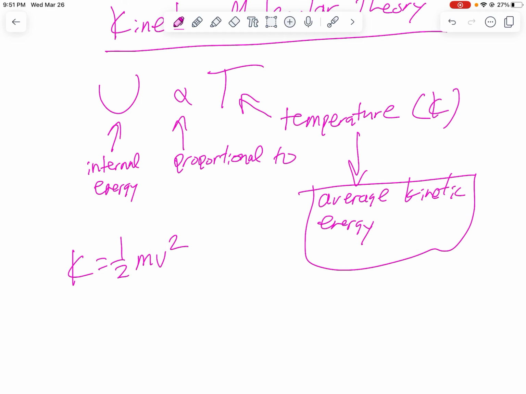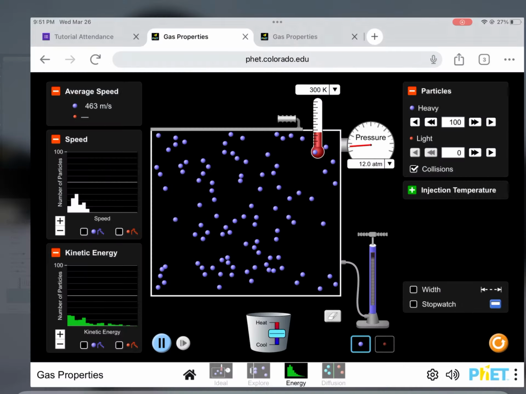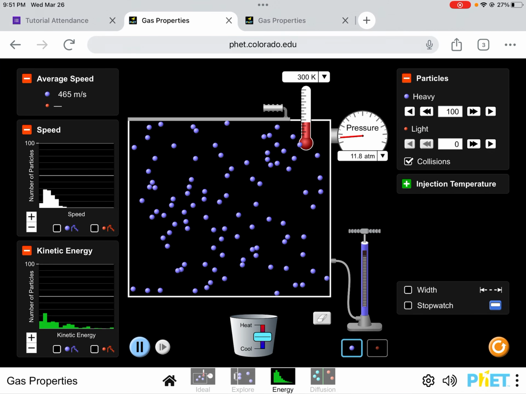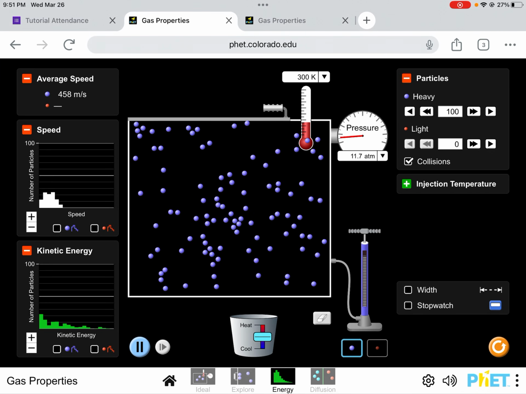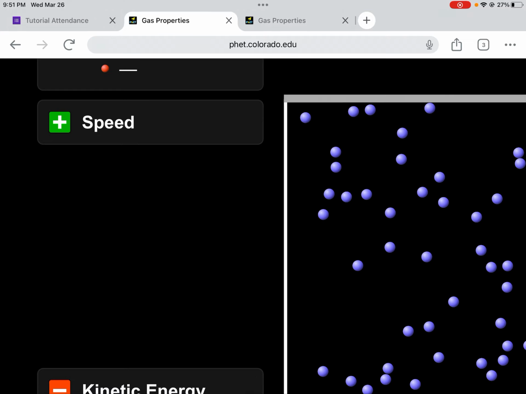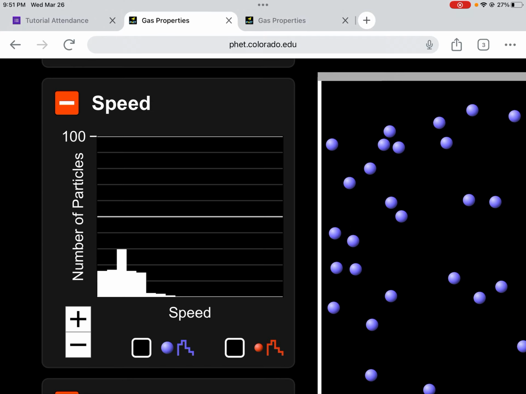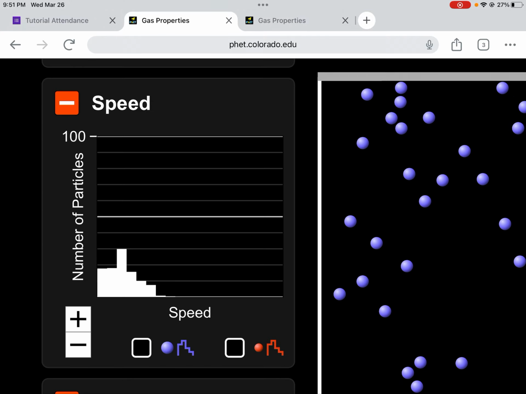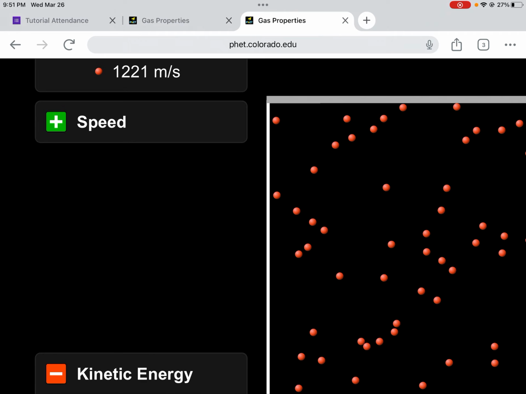So if we compare the speed graph for the light particle and the heavy particle, that's the white graph on the left-hand side. The heavy particle, the speed graph looks like this. For the light particle, the speed graph looks like this.